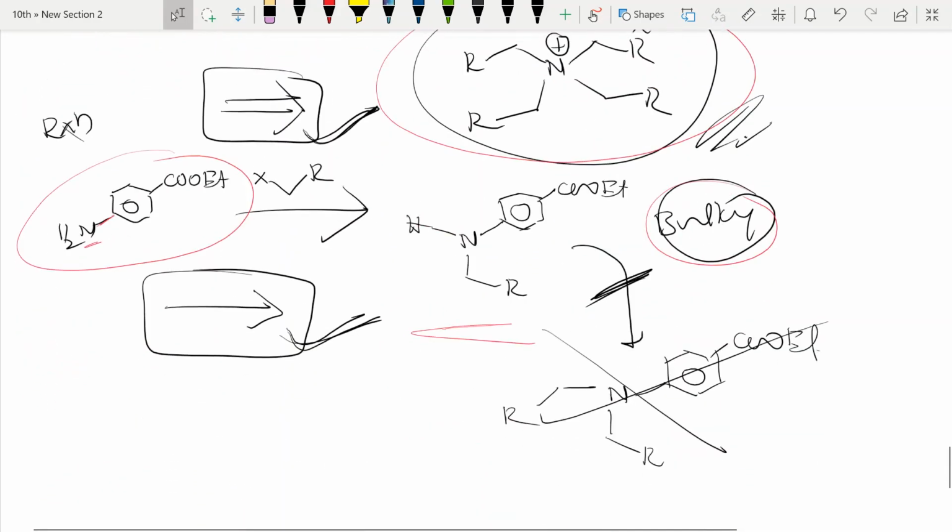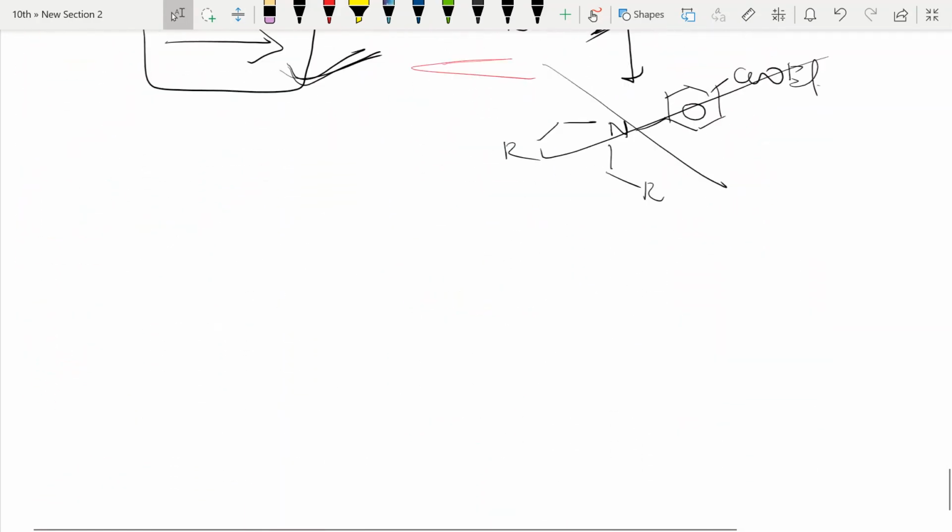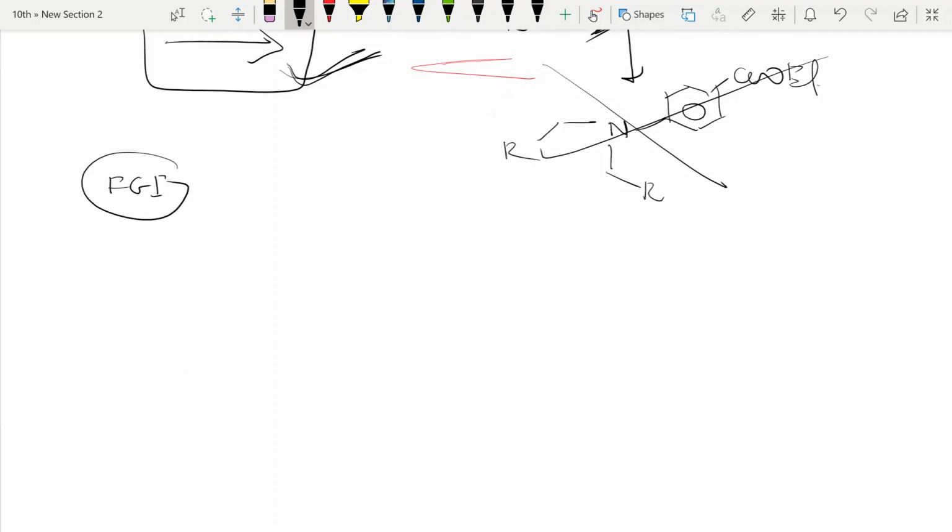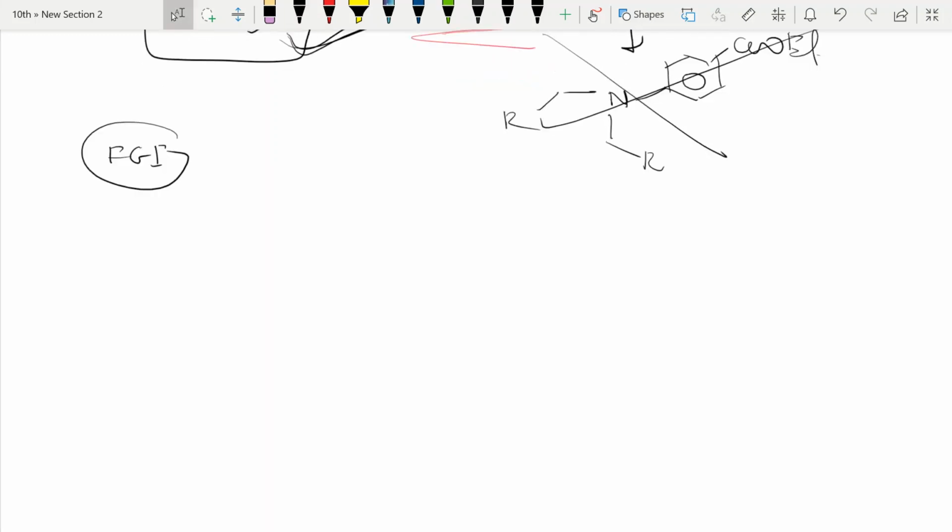If it is doing, what to do? That thing we do is nothing but functional group interconversion of these amines. What we will do, that thing we shall see now. So to reduce the reactivity, what I will do, see, this is R-CH2-NH-CH2R. So I will do functional group interconversion.